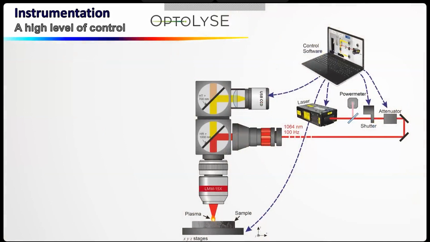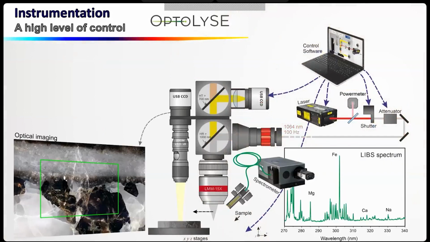Basically, we have the capability to move the sample to the left here and image the sample microscopically to get a very nice optical image. In the software, you select the sequence you want to do and the region of interest that will be imaged.